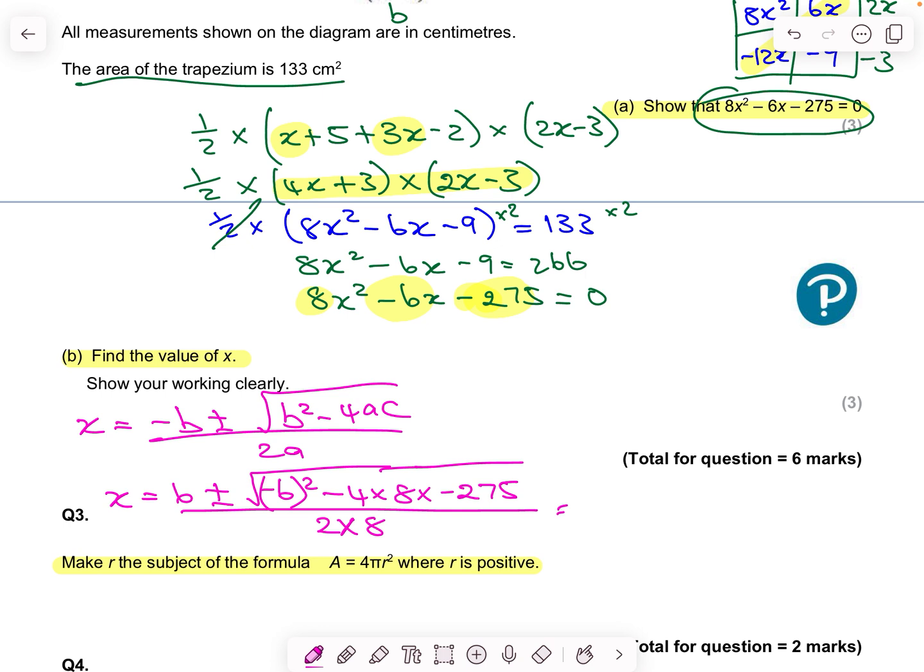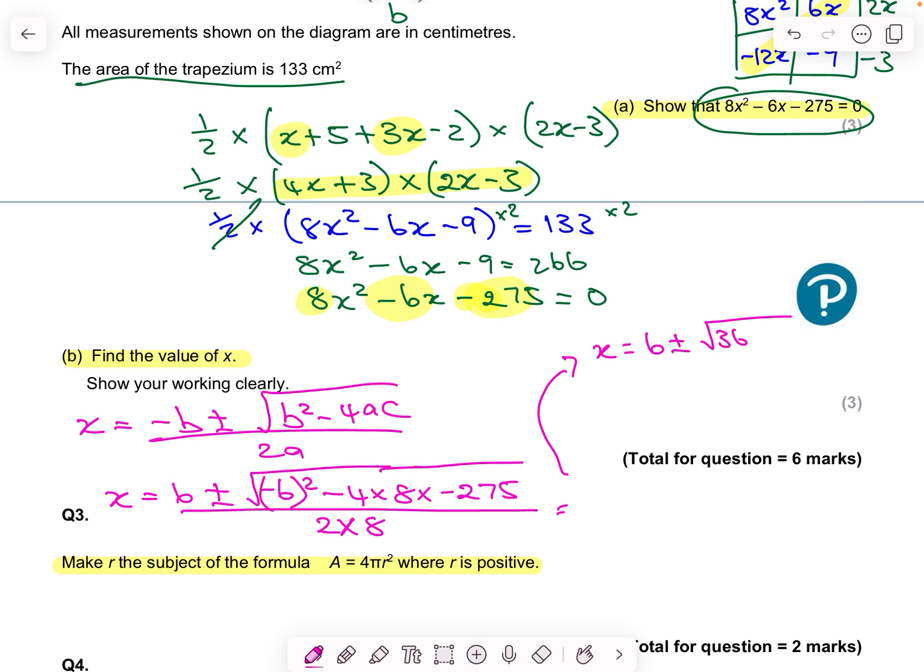And so you could do that on your calculator. So I'll do it up here to allow myself some room. So we've got x equals 6 plus or minus square root.